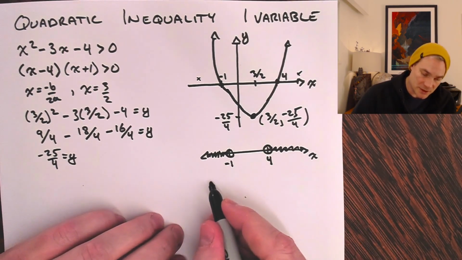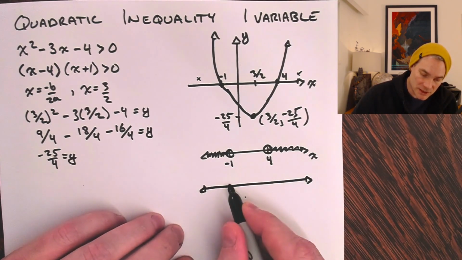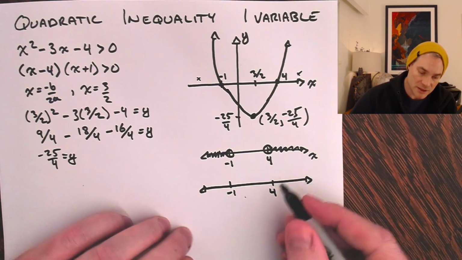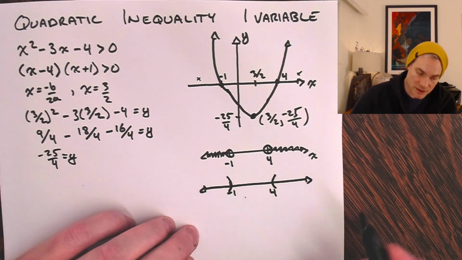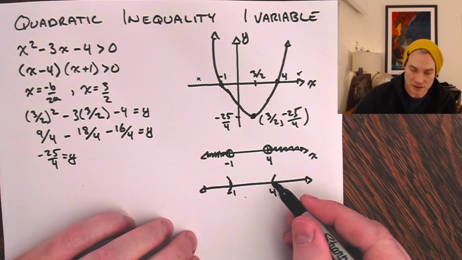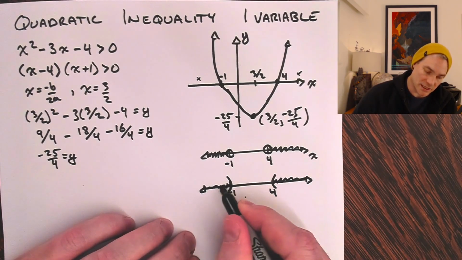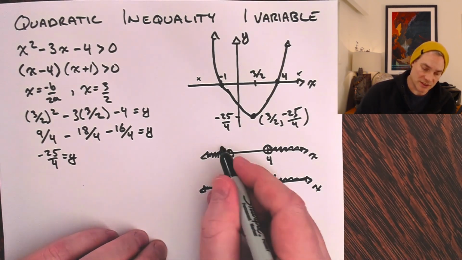Now, there's another way we can draw this. We can have -1 and 4, but we can just do half of a parenthesis facing in the direction that has our solution set. So that would be also the same as this.